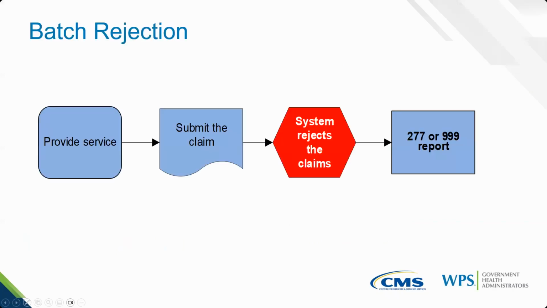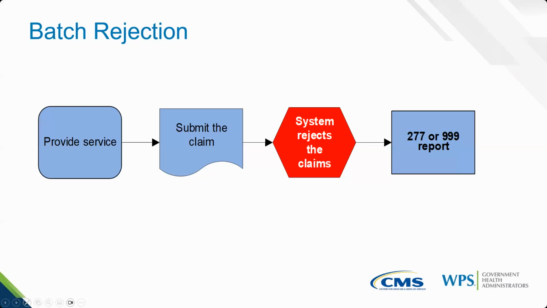Now, to fully understand rejections and denials, what we're talking about today, it is important for you to recognize the path that a claim takes, or what we like to call the life of a claim. This is a simplified graphic on how a claim actually gets into the Medicare claims processing system.